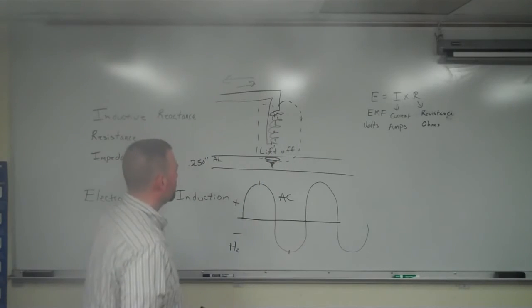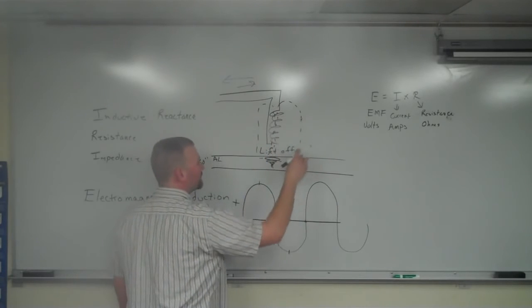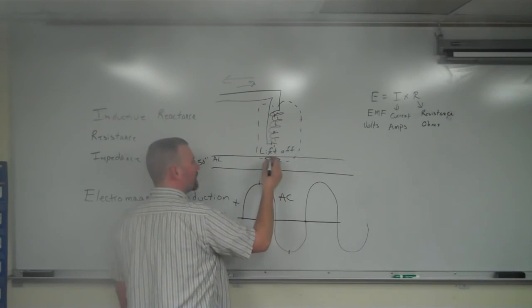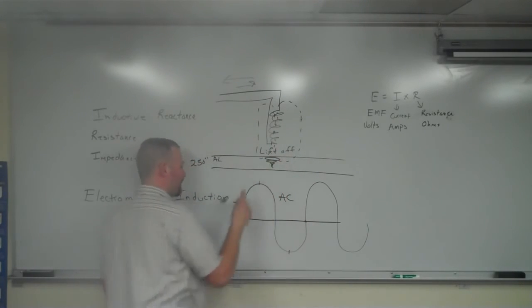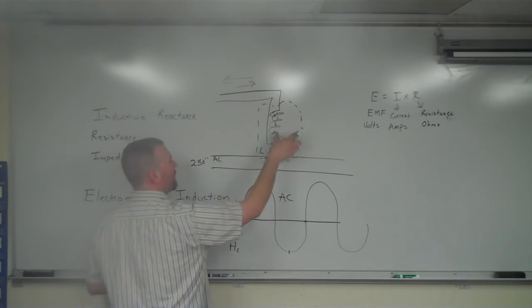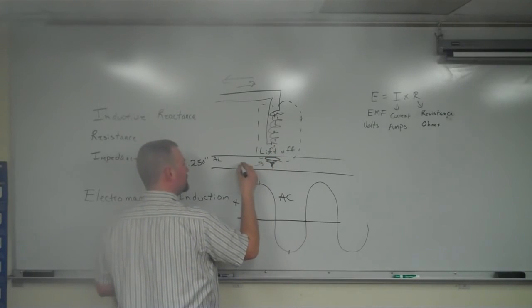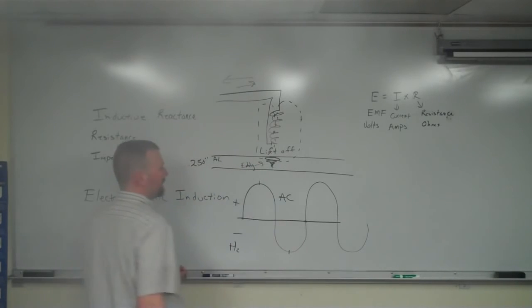So we get magnetic fields and they dip down into this material. In that material we have electromagnetic induction, meaning we flowed current here, a magnetic field developed, and now we're flowing current down here. These are the eddy currents. Those are the eddies.